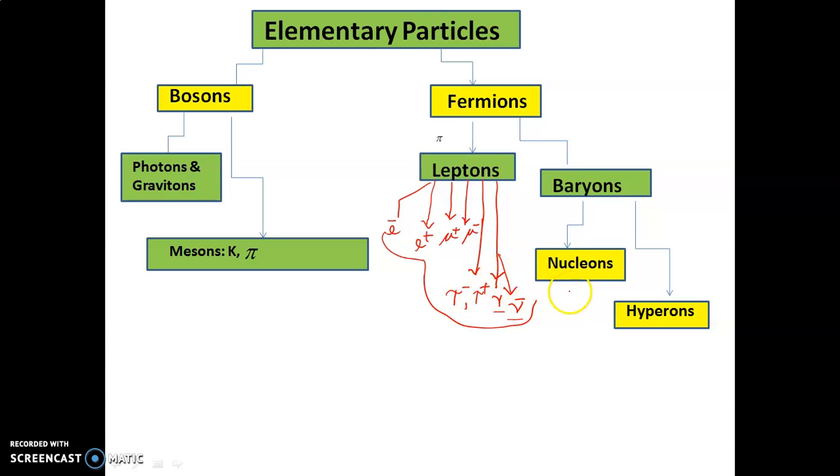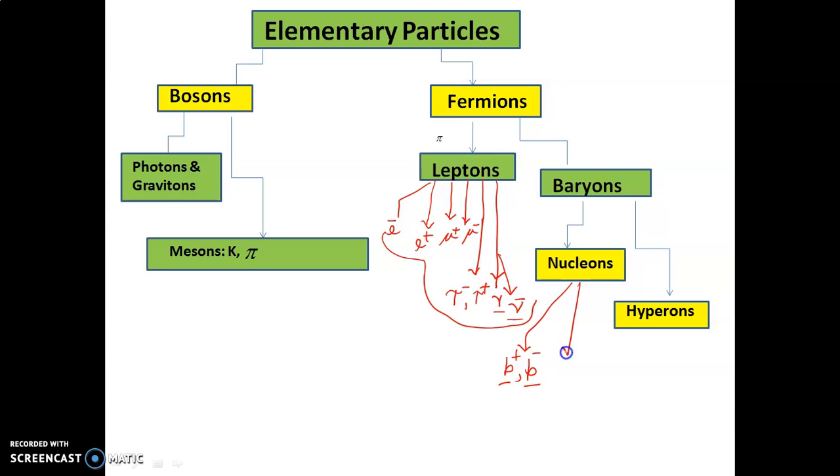And what about the nucleons? We already know what nucleons are. They are the proton, which is a positively charged particle, but then there is also an antiparticle called the antiproton. So proton, antiproton.